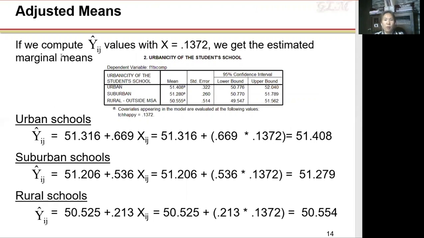If we compute y hat values with x equals 0.1372, we get the estimated marginal means. So we have 3 different equation lines, and then you plug the covariate mean here. Then you get the y bar for urban school here, y bar for suburban school here, and y bar for rural school here. Okay.